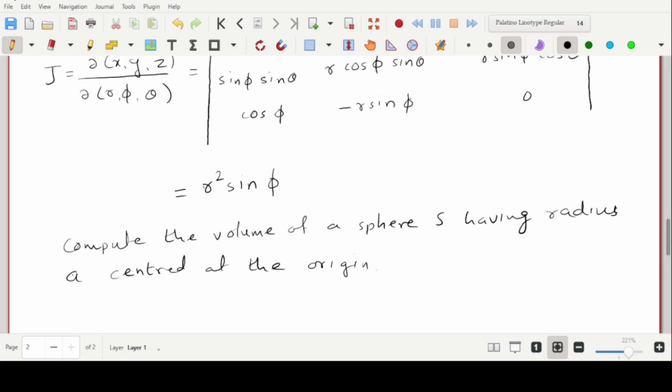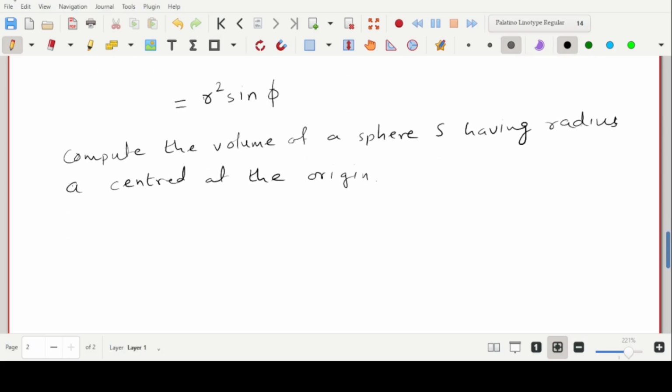So the equation for this sphere is x square plus y square plus z square less than or equal to a square. We want to compute the volume, right?